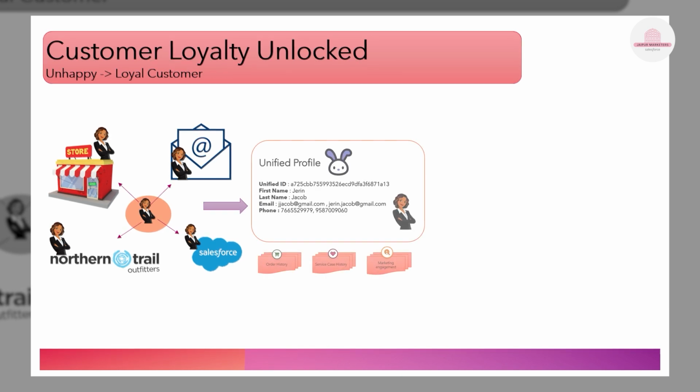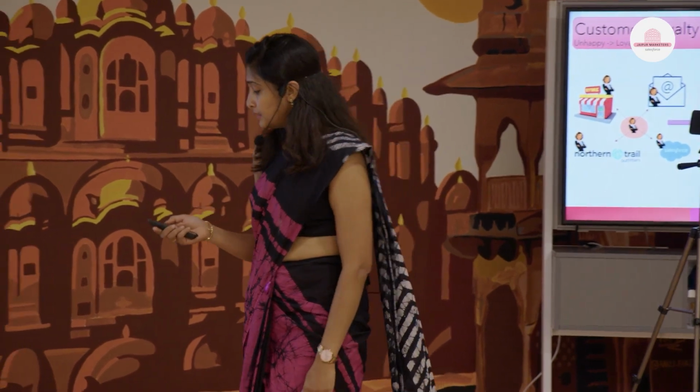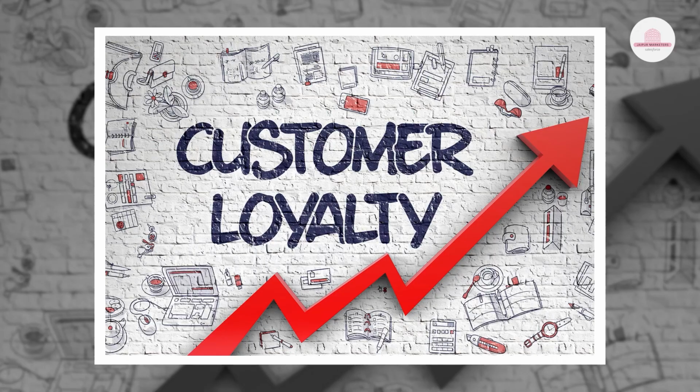It created the unified profile out of those multiple profiles, and this profile can be leveraged in multiple systems to personalize their experience. As of now, it was the website. You can use it in email personalization as well, or other systems as well. And this is how we have converted an unhappy customer, Jaren, to a happy, loyal customer.